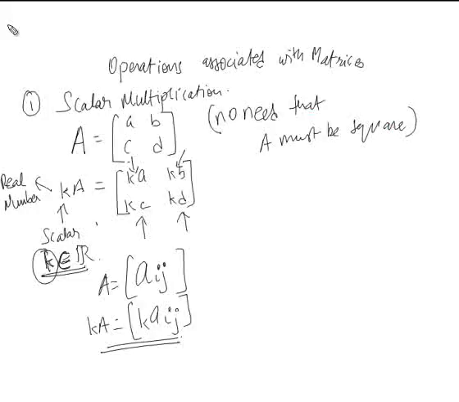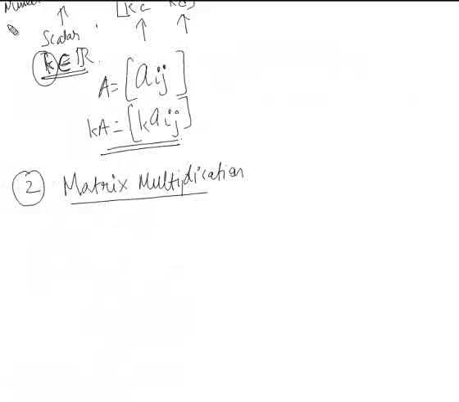There is no restriction. Second thing we will see is matrix multiplication. This is very important. We will establish some few important relations here. So let me take a matrix called A, let me take a matrix called B. The matrix multiplication operation is defined like this.